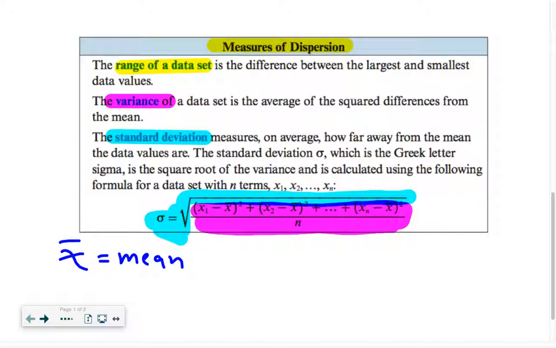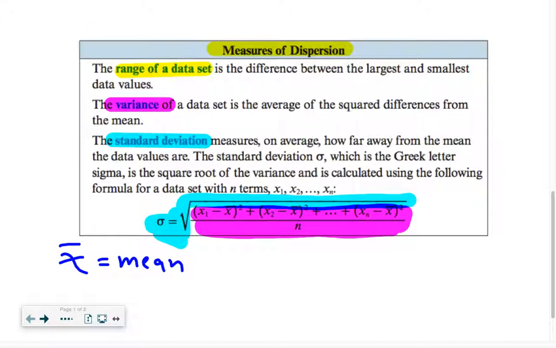Once we have the variance, we just take the square root of it to come up with our standard deviation. A basic definition of standard deviation is just the measure of the spread of the data. How widely spread are these values? Are they close to one another? Are they very concentrated? Are they very spread out?